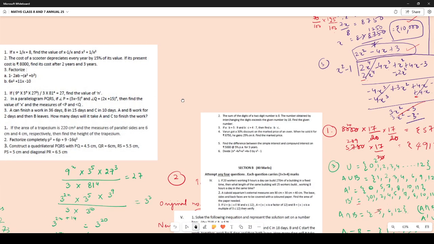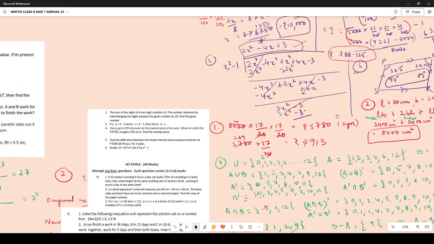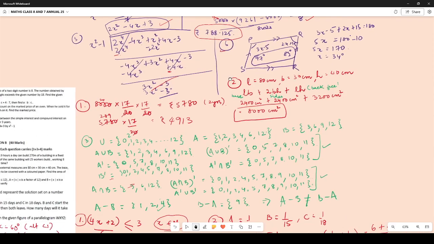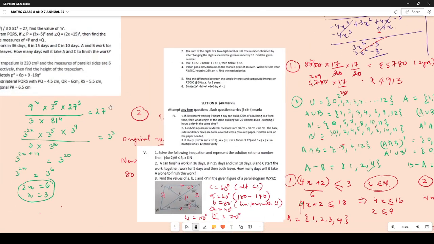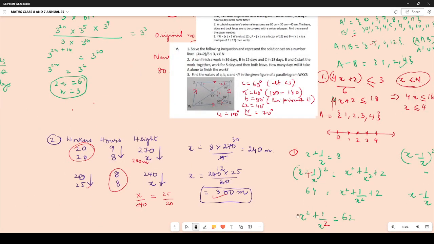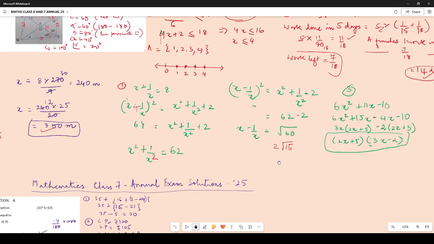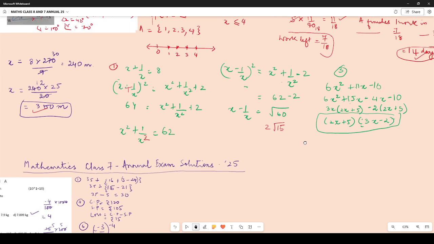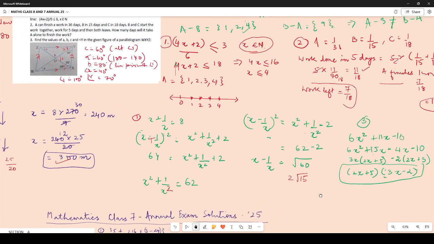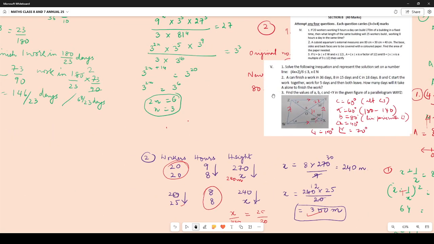ओके, फैक्टराइज. पूरा घूम गया है. यहाँ पर है शायद. यस, यहाँ पर फैक्टराइज. 6 यहाँ लीजिए 7th. फैक्टराइज 6x square plus, over here and let me just do it over here.